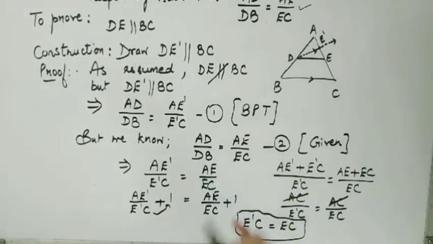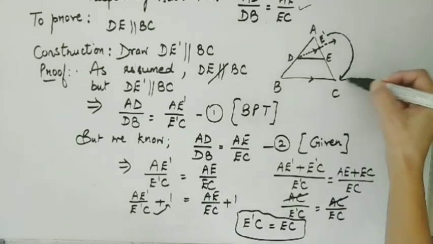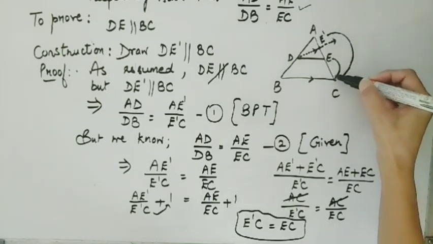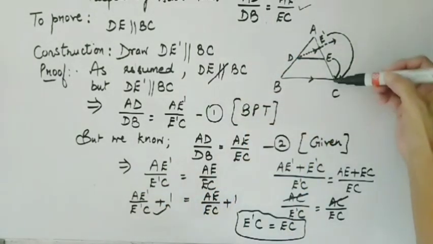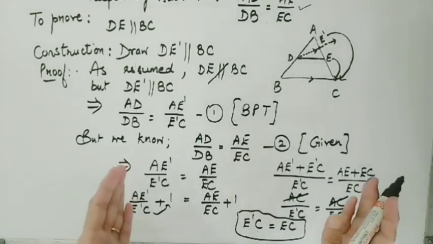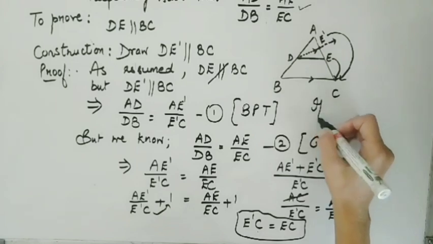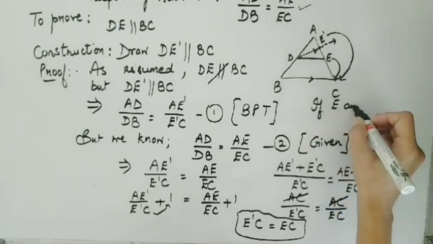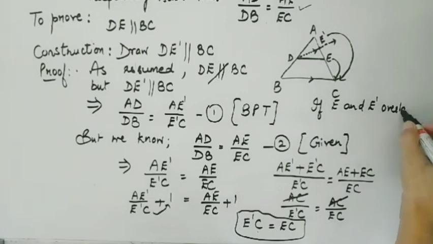This indicates that the length of E dash C and the length of EC are equal. When can that be possible? It's only possible if E and E dash overlap, right?